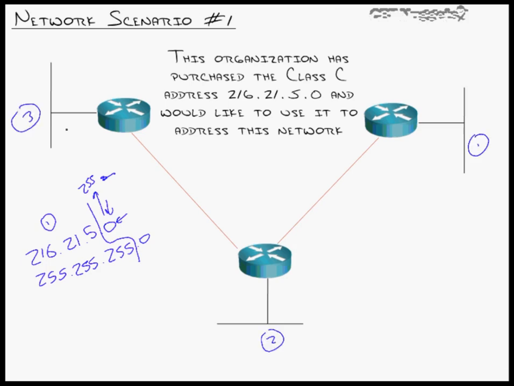We have numbered the 3 locations, but also never forget the WAN links. We actually need 5 networks, including the WAN links. Every interface of the router is a network. Every router has 2 interfaces.